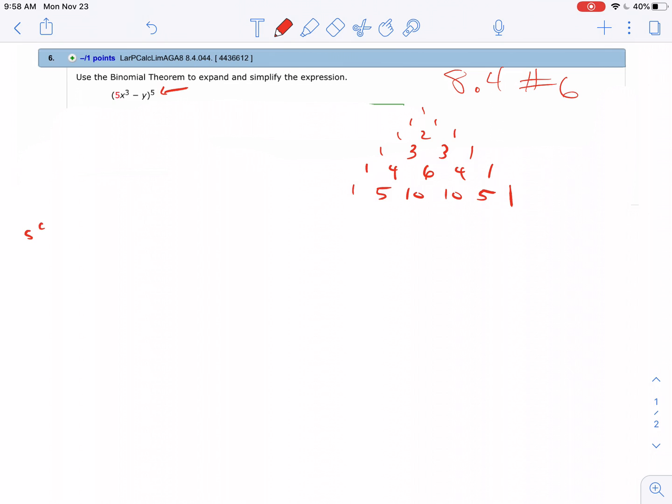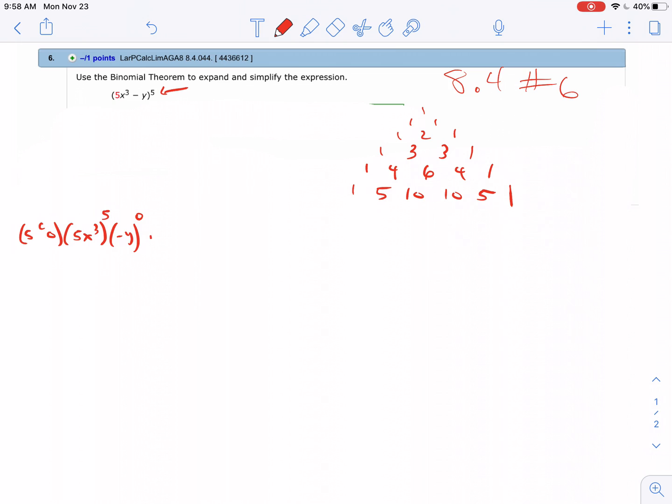I would start with a 5C0, and then it's 5x cubed raised to the biggest exponent, and the negative y starts at 0. Remember, these two will always add up to the 5, or the outside exponent, and these two numbers will always match.